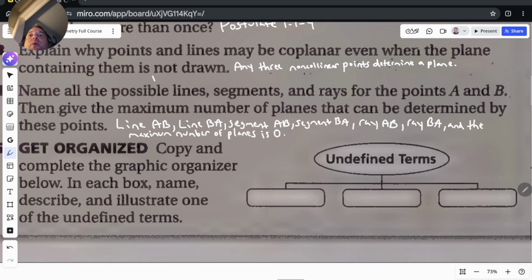All right, so 2 points always lie on infinitely many planes. Any plane through that line works. So we say the 2 points alone do not determine a unique plane. That's why the answer here is 0.